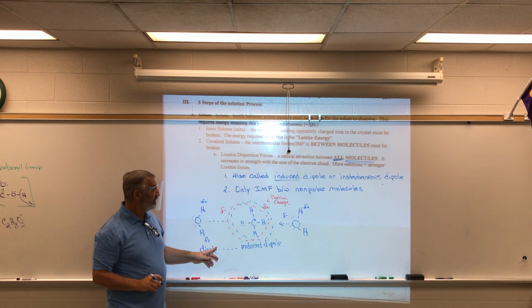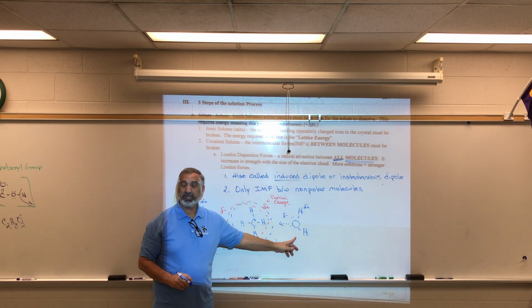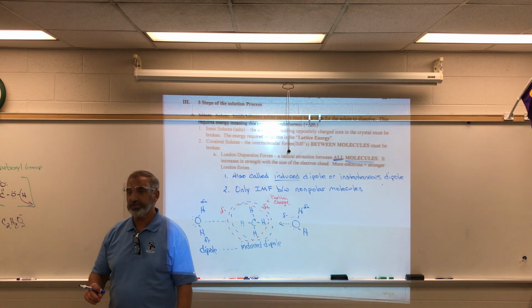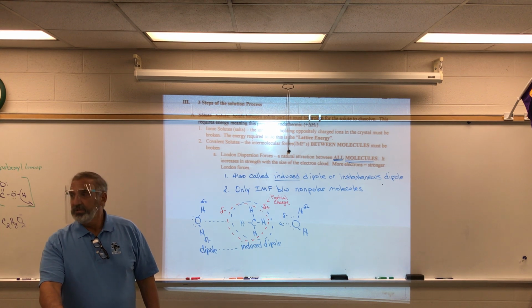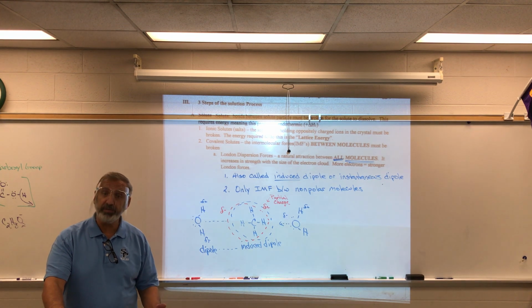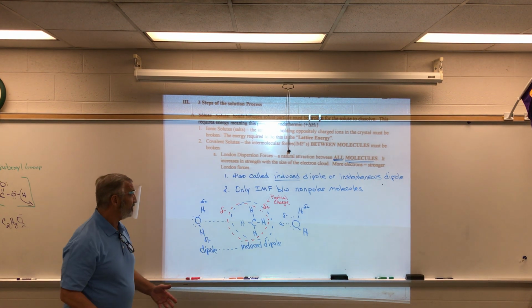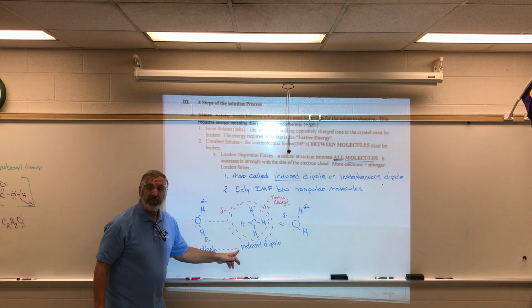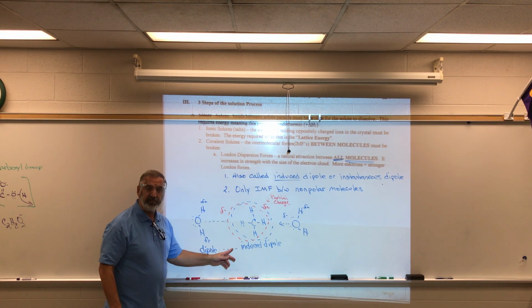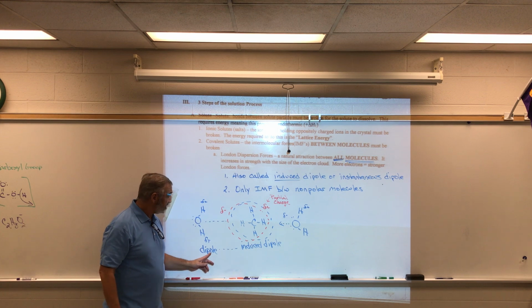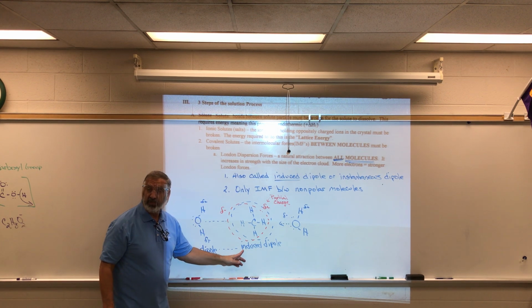As a result, in water molecules, does anybody know what the major force holding the molecules together is? Hydrogen bonds, okay? Which are the strongest of the three IMFs. I'm going to cover this in more depth, but I'm just kind of foreshadowing a little bit here. This dipole-induced dipole is very weak.